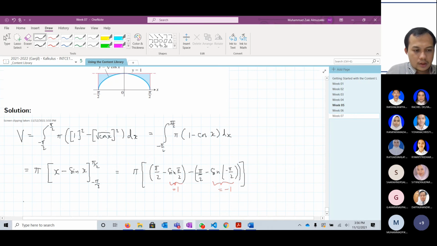So this equals pi times pi over 2 minus 1 plus pi over 2 minus 1. So we have pi times pi minus 2, which is pi squared minus 2 pi.